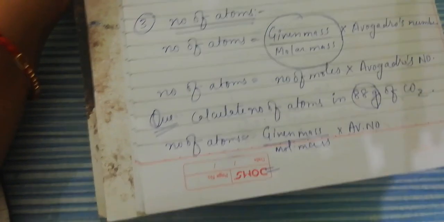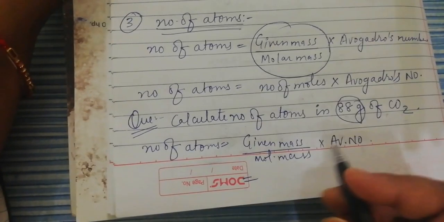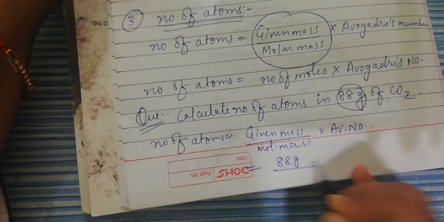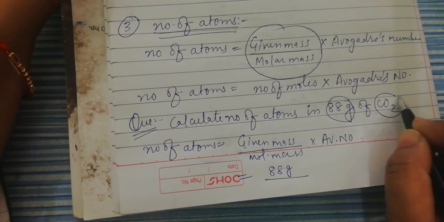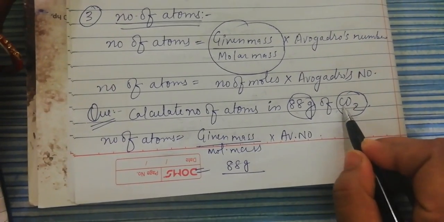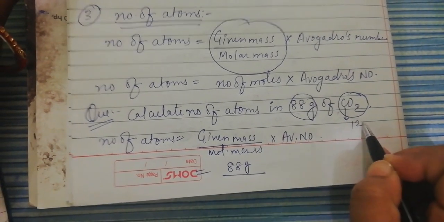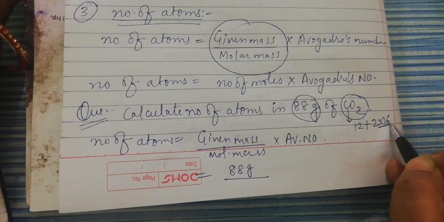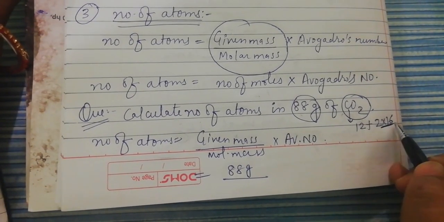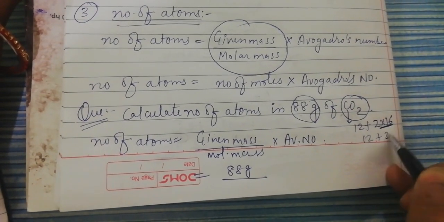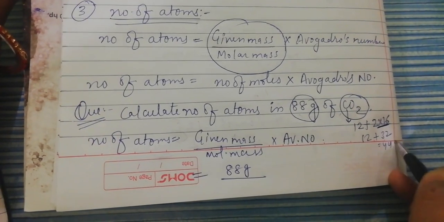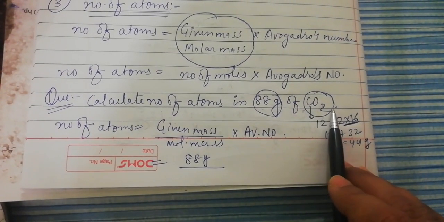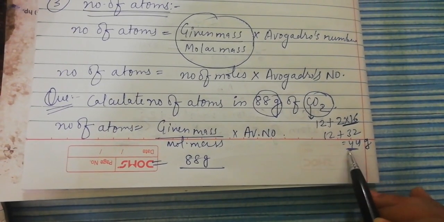And 1 mole of carbon dioxide: carbon has mass 12, plus 2 oxygens, 2 into 16, because 1 mole of oxygen weighs 16 grams. So 12 plus 32 equals 44 grams. So 1 mole of CO2 will weigh 44 gram.